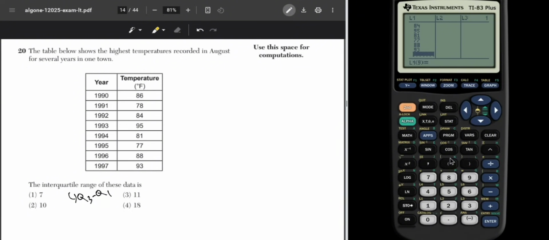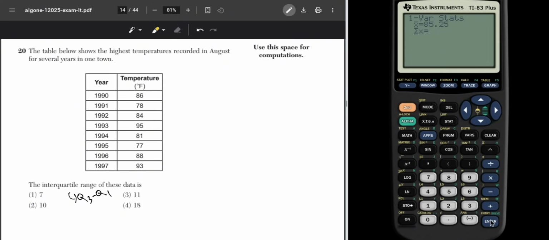And it tells me here that I have 8 points, and the temperatures as well have 8 points. Then I'm going to click Stat, Calc, 1-Var Stats. This is always what you're going to do when you do your statistics questions on this exam.